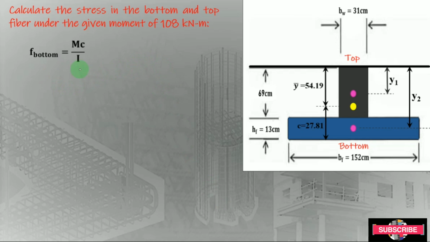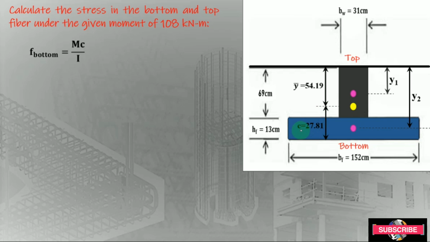F bottom is equal to Mc over I, where M is 108 kilonewton meter, and since we are considering the bottom side of this inverted T-beam, we will consider its distance to the centroidal axis.